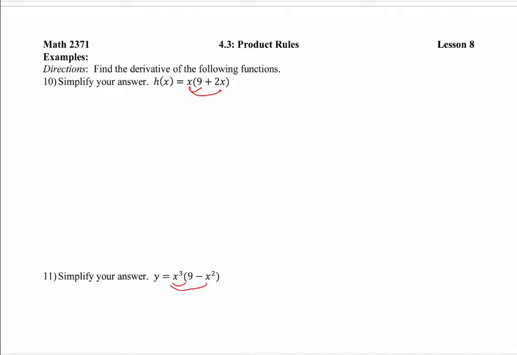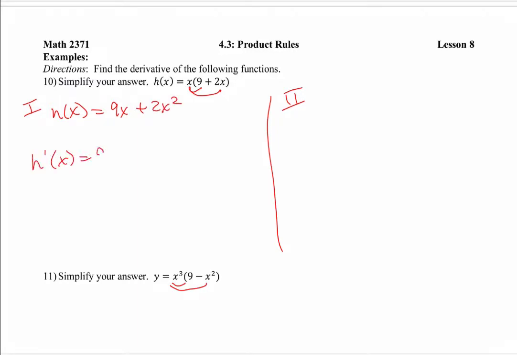Now, for these examples, I'm going to show you method 1 where you simplify first, method 2 where you simplify second. Okay, so method 1 is where you have h of x and you change it to be 9x plus 2x squared and then take the derivative. Okay, and method 2 where you use the product rule.